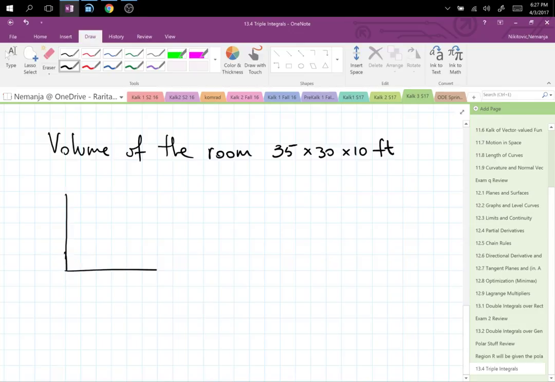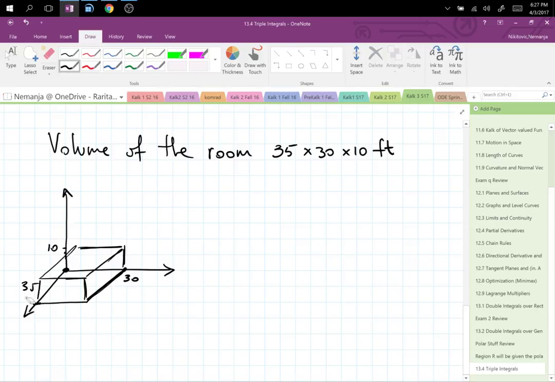So you have your good old xy axis. So this is, let's say, 35. That will be your 30. And then it's going to go up 10. So this is how it looks like.